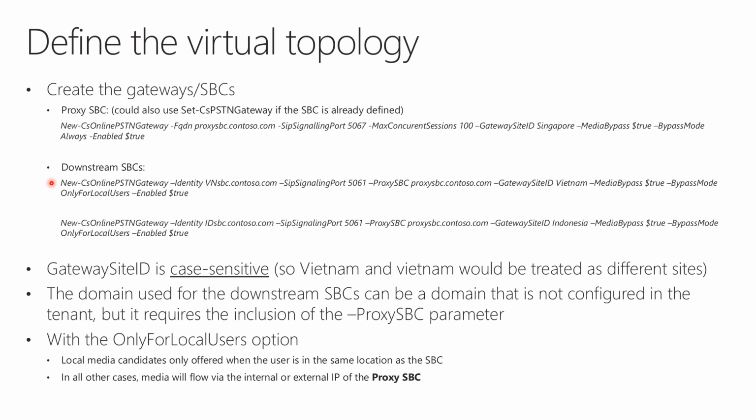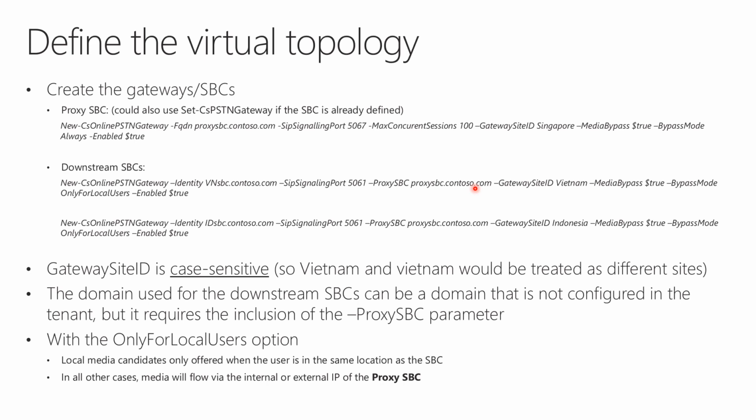Our downstream SBCs, this is the ability for us to effectively build that virtual topology. Let the service know that these SBCs exist, even though they don't have a public IP. So, New-CsOnlinePSTNGateway, similar command, right? The identity, that's the FQDN, if you will, of that particular device. The signaling port that it's using, again, that's how you've configured what you chose on the SBC. This is the key part, dash proxy SBC, and then the FQDN of the proxy SBC.